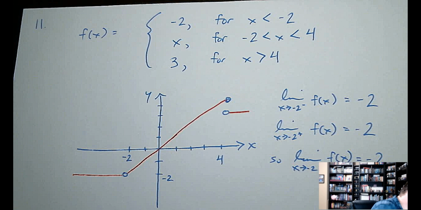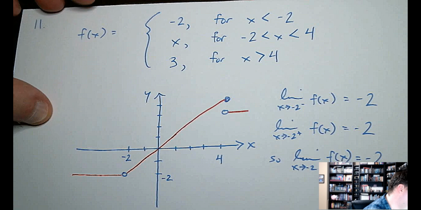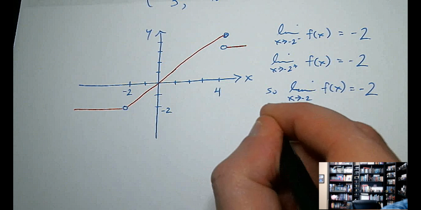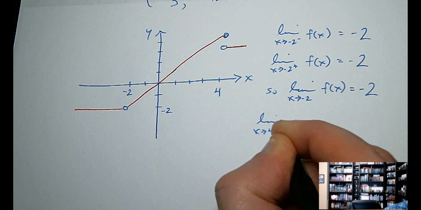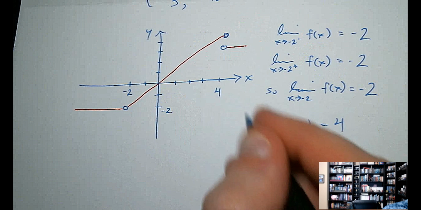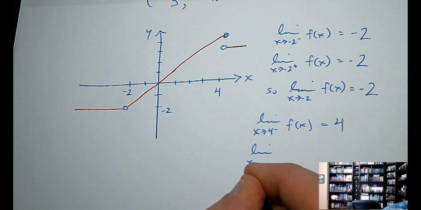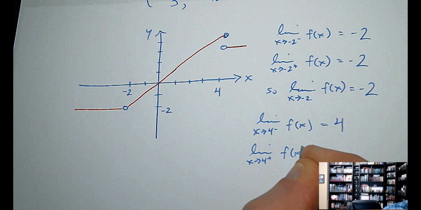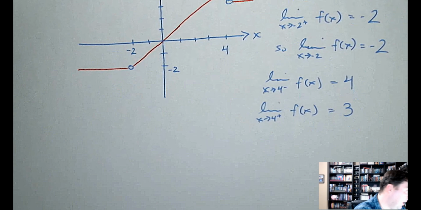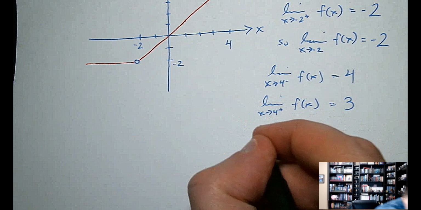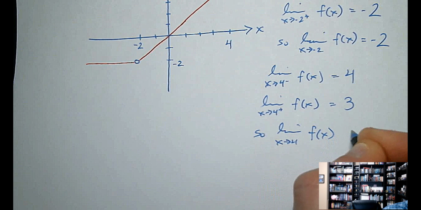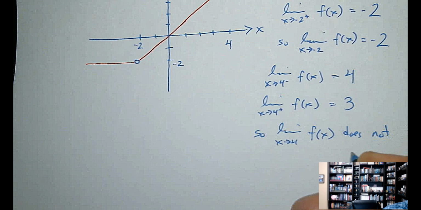But the way we've got this set up, from the left as x approaches 4, we've got the limit of the function being equal to 4. But from the right, we've got the limit as x approaches 4 of the function being equal to 3. Or I could have picked a different constant. Really, again, anything except 4 would do the trick. So that tells us that the limit as x approaches 4 of f of x, the full limit, does not exist, which is what we wanted.